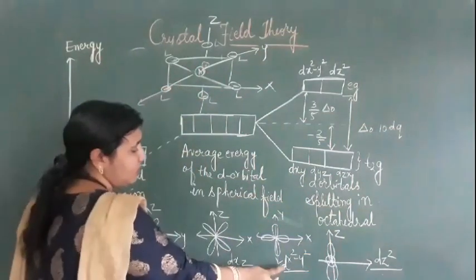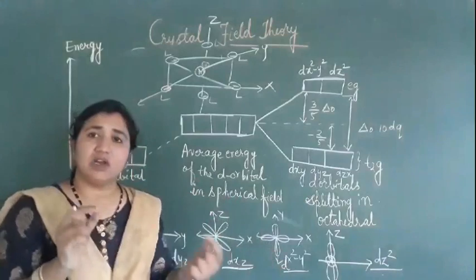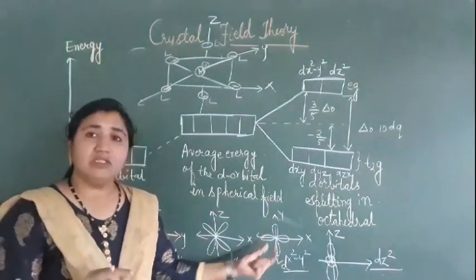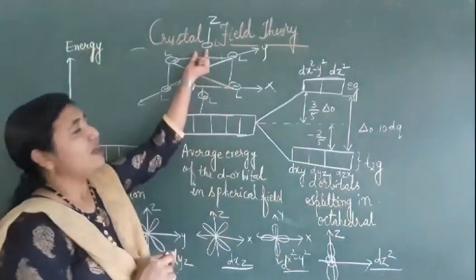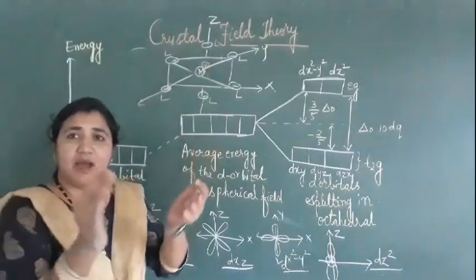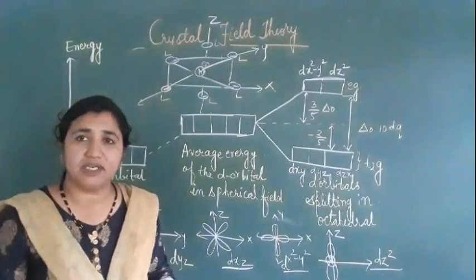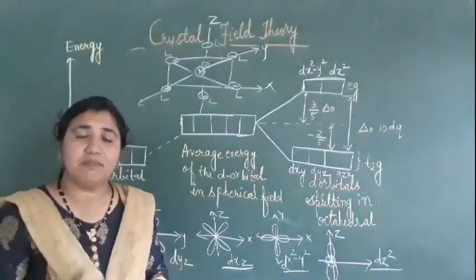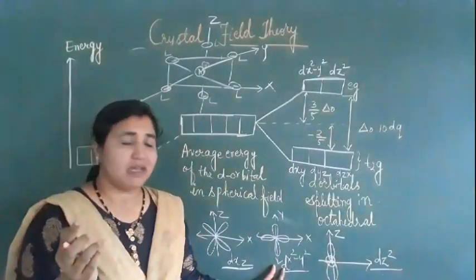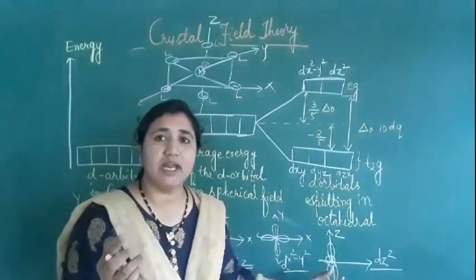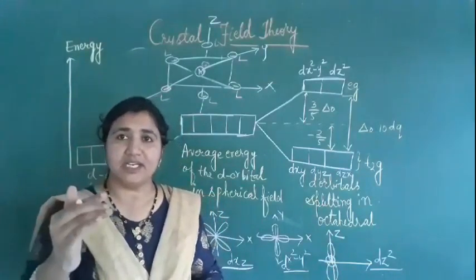These orbitals contain electrons, and the ligands also have electrons. So when they approach each other, electron repulsion takes place. Due to that repulsion, the energy of dx square minus y square and dz square increases.